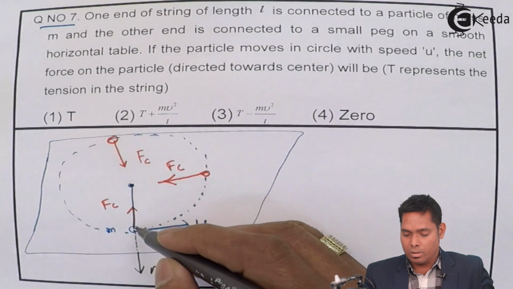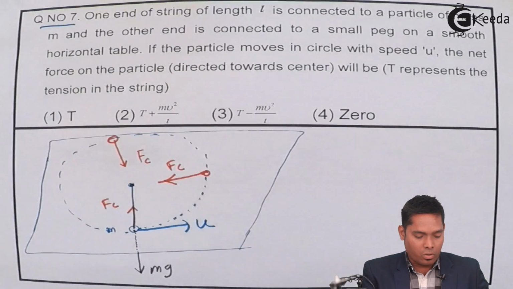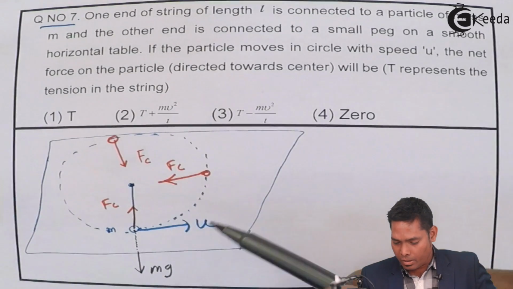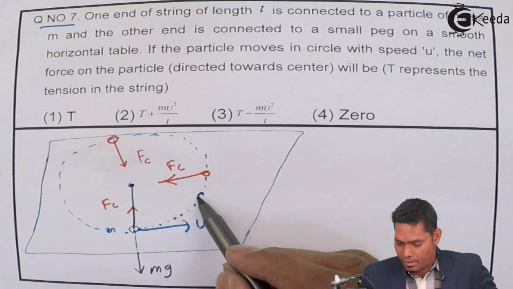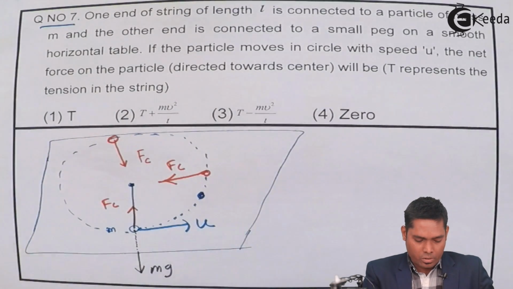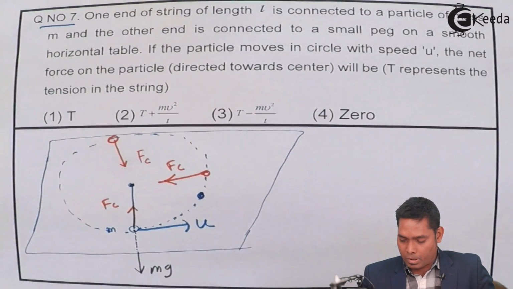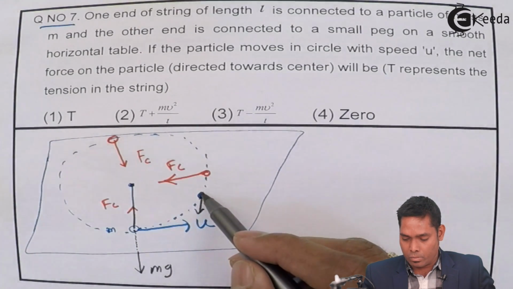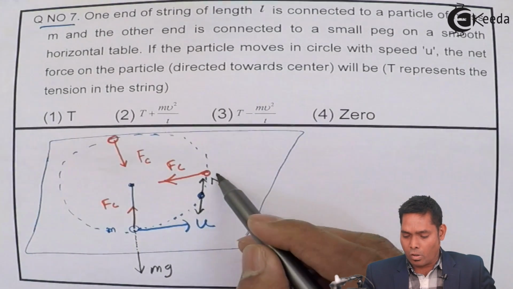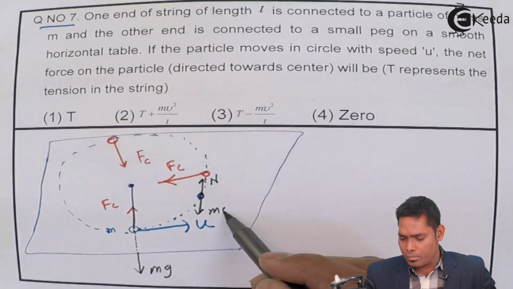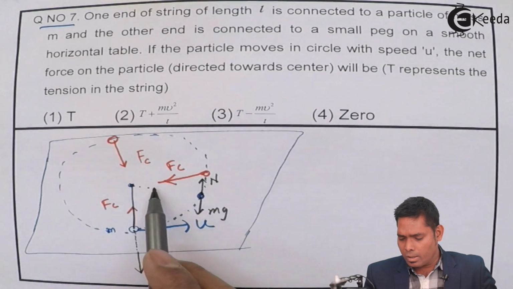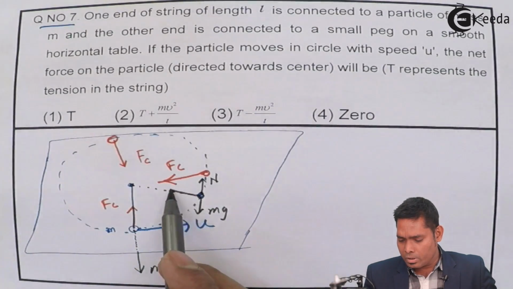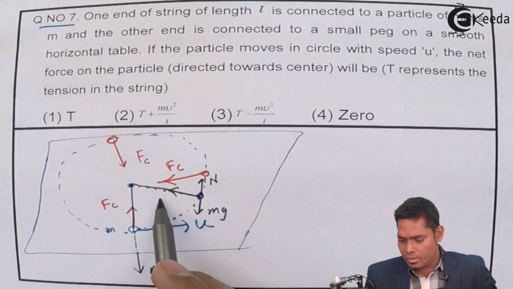Suppose the particle is here; the weight mg will be downward and the normal reaction will be upward. The string is here and the tension will be in this direction.